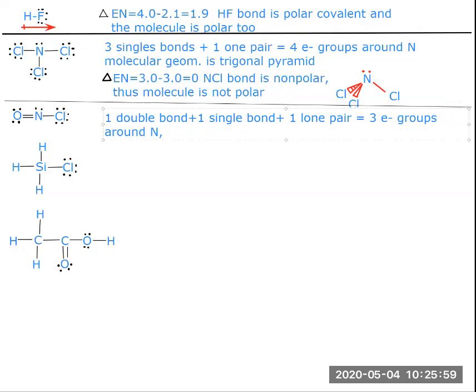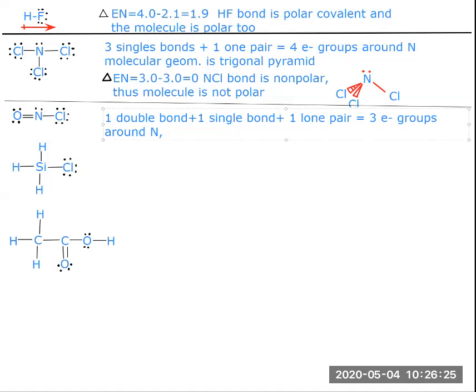So what shape does it make? We have 3 electron groups, 2 are bonding groups, and 1 is a lone pair. So you want to look at the third row from the top, that starts with 3 electron groups, 2 bonding groups, 1 lone pair. The electron geometry is trigonal planar because you have 3 electron groups, and so the bond angle is 120 degrees.